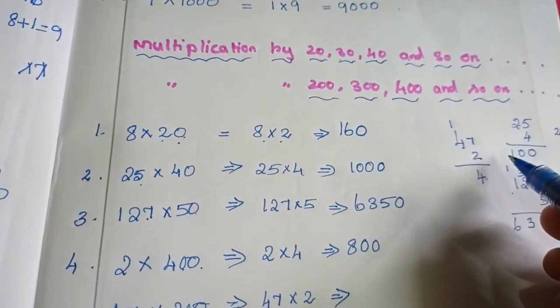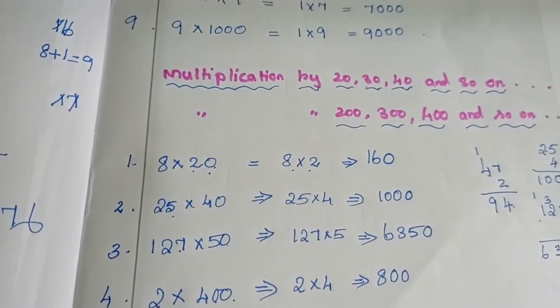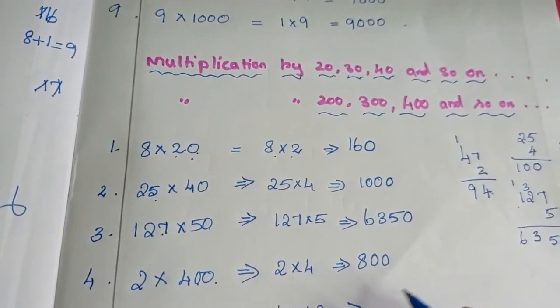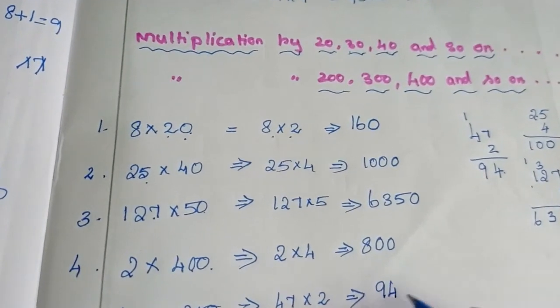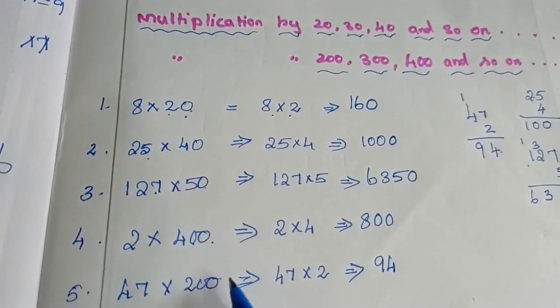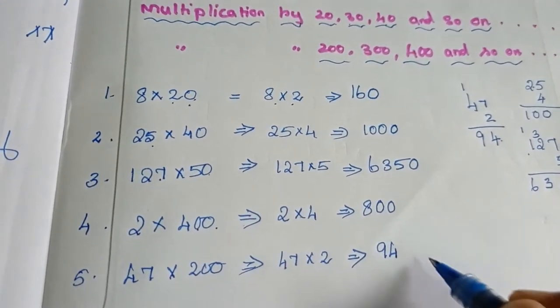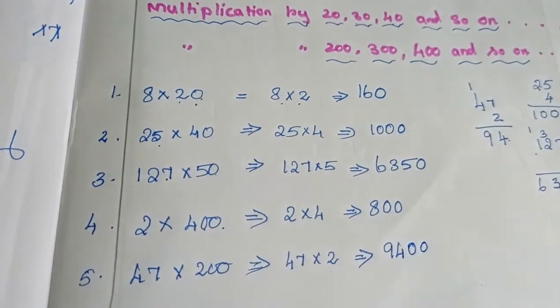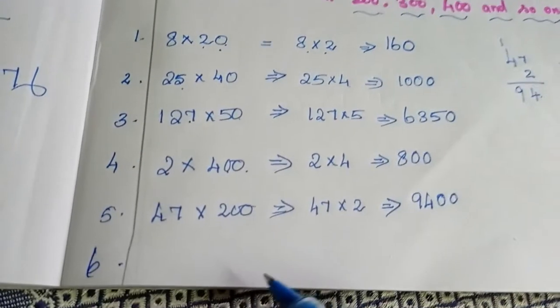Then 4 2s are 8. So 8 plus 1 is 9. 94. Okay. So 47 by 2, the answer is 94. And children, next we have to write these two zeros in tens place and ones place. So let us look at one more example.